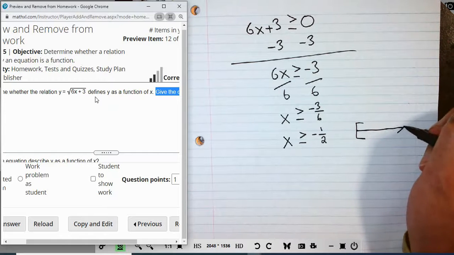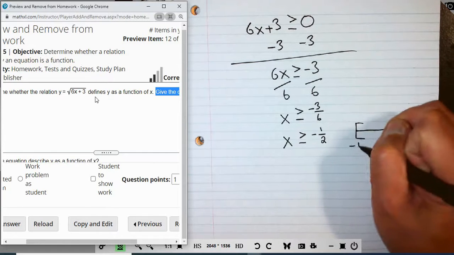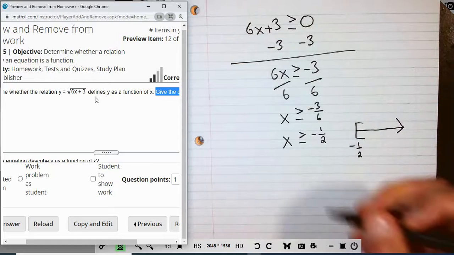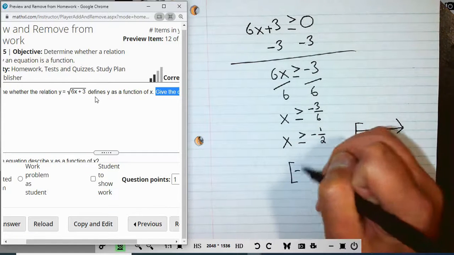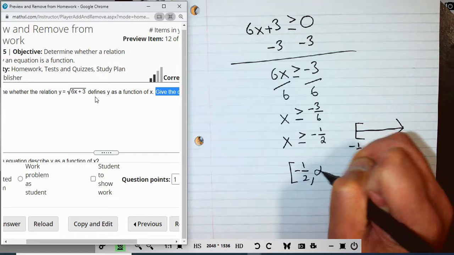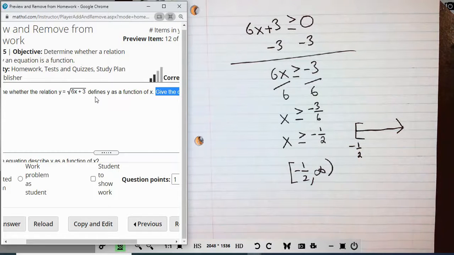And it's greater than, so it goes to the right of -1/2. So in interval notation, this would be bracket -1/2 to infinity. There is our domain right there, and that's all you have to do on that.